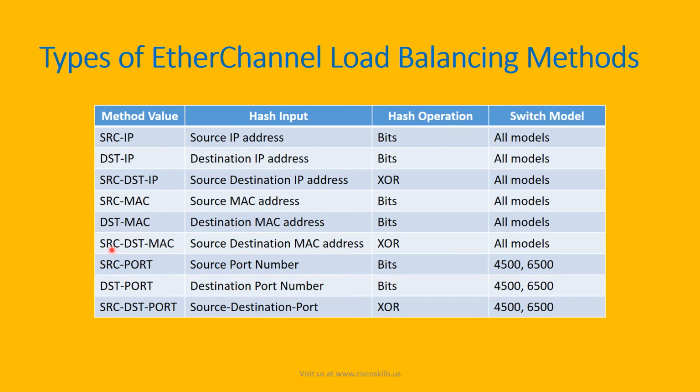port number. So for the source IP address and destination IP address, the hash algorithm will look into the source IP address and extract the last bits, based on the number of links.